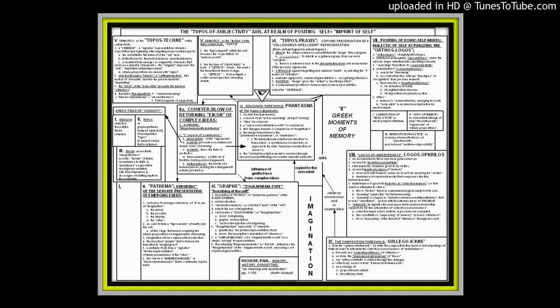And in order to do that, he says that the next step, graphe, is a zographema. That means an inscribing of life process. A zoegraphema type inscribing of the self. It's an inscription of pathos, or the endured experience of the event of being.